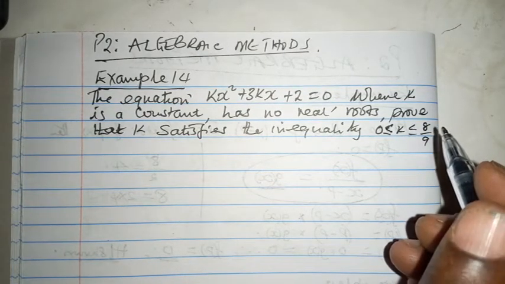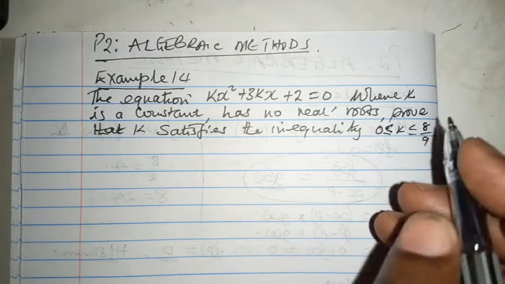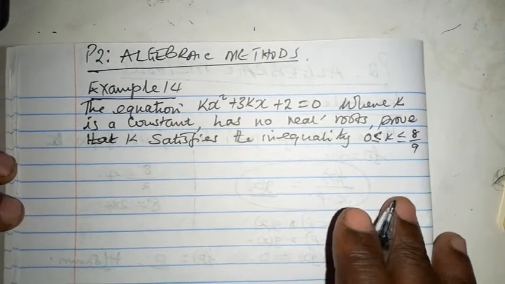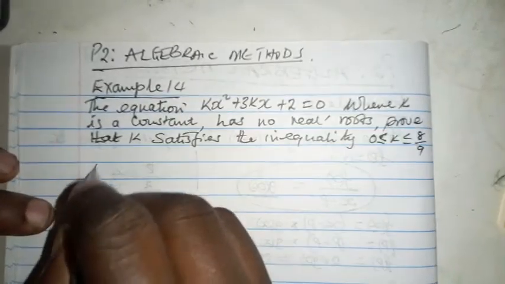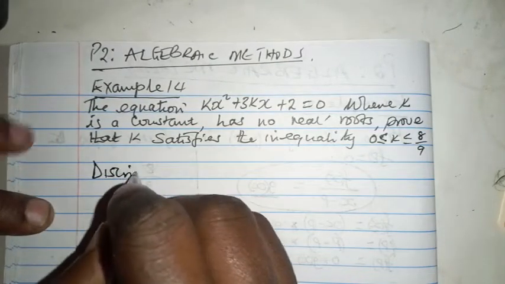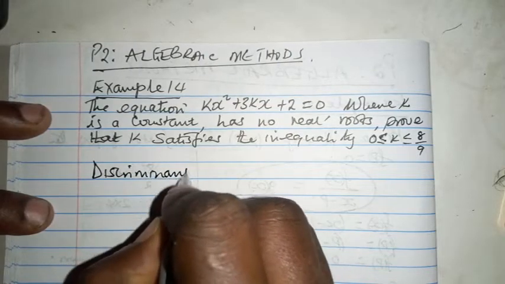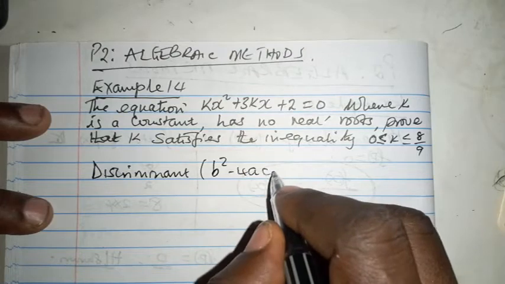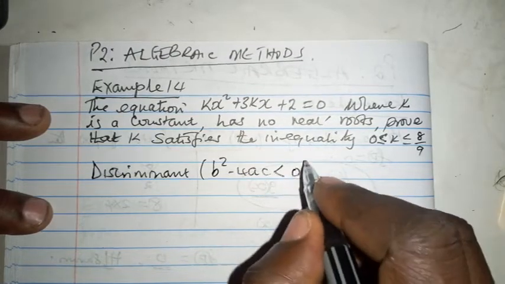And of course, when a quadratic equation has no real roots, the first thing to do is to consider the discriminant, which is b squared minus 4ac, being less than 0.